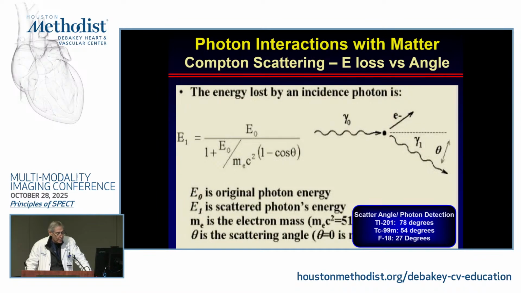So Compton scattering, which is extremely common in tissue, is a real problem with SPECT imaging.